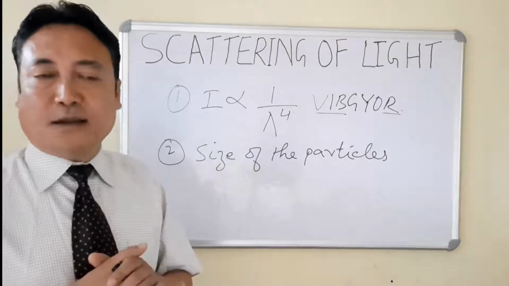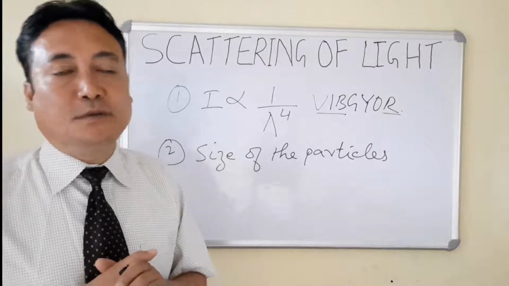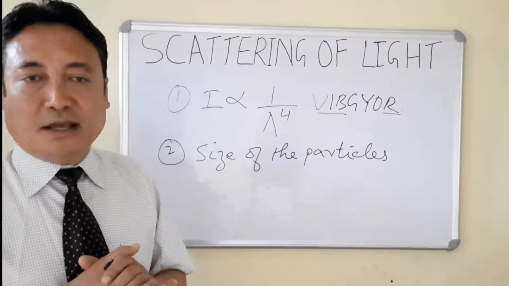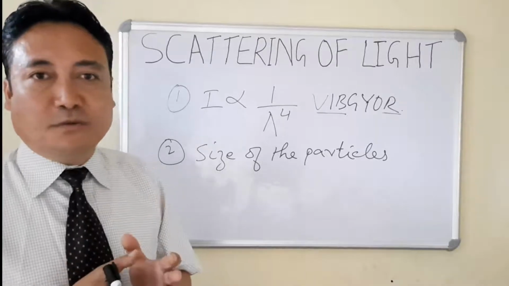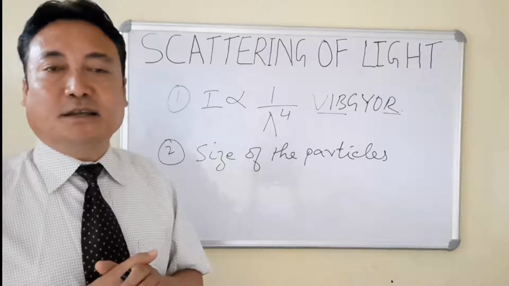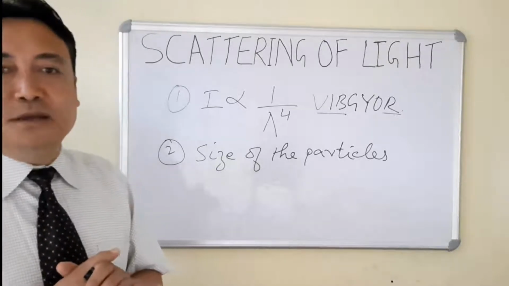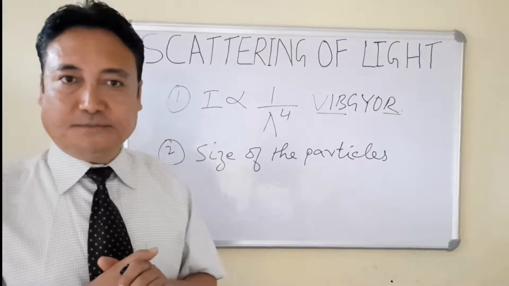If there is no atmosphere, the particles will not be there. There will be the absence of particles, and the scattering of light would not be possible. If the scattering of light is not there, then you will see the sky dark. So the sky would appear dark if the earth did not have an atmosphere.